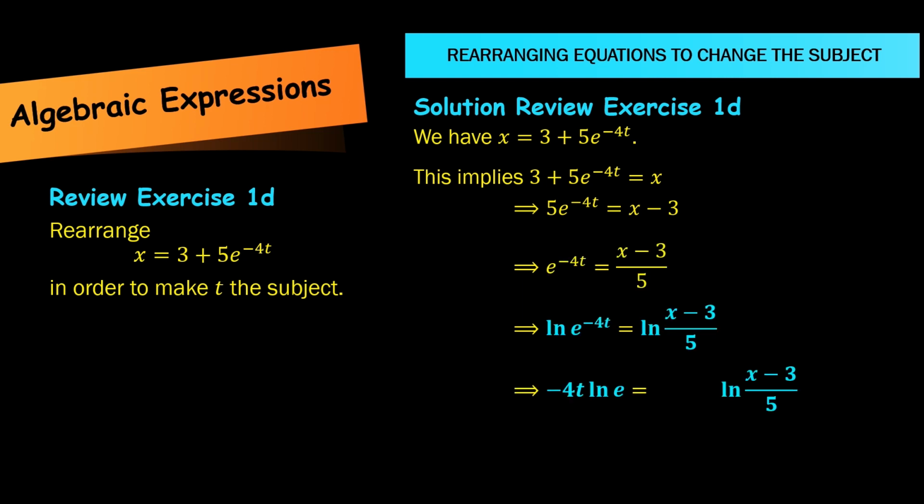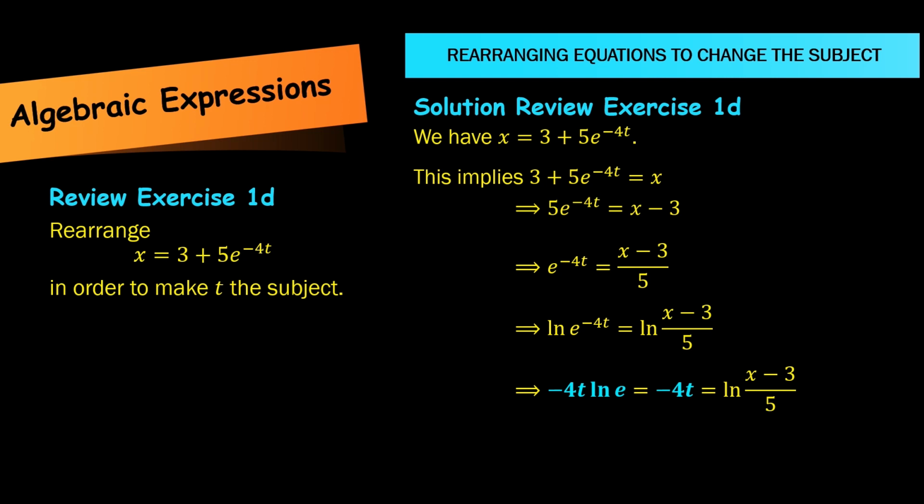So we have that the left-hand side is equal to minus 4t ln of e, and the right-hand side stays as it is, namely ln of (x minus 3) all over 5. And of course, ln of e is simply 1.